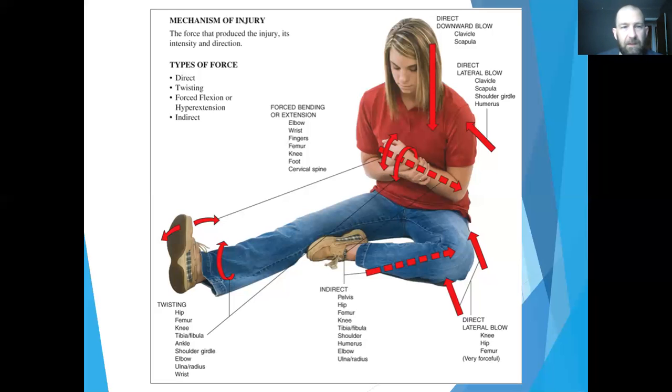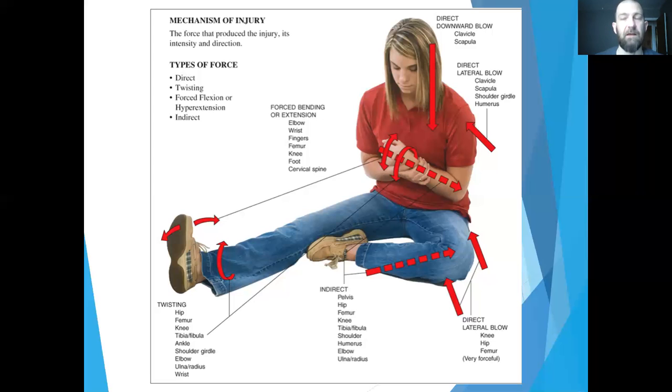We also have forced flexion and hyperextension. We all know what hyperextension is, right? I'm sure we've all at one point or another hyperextended our knee or something when we've been running around. Well, that can happen with any of our joints. And flexion is the other way. So that's easy to see with the neck rather than some of the other things.